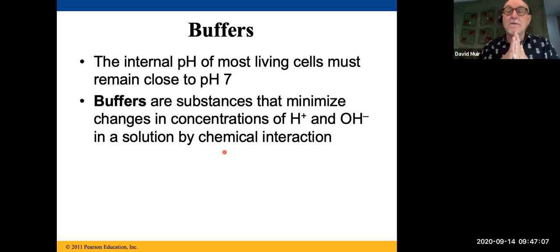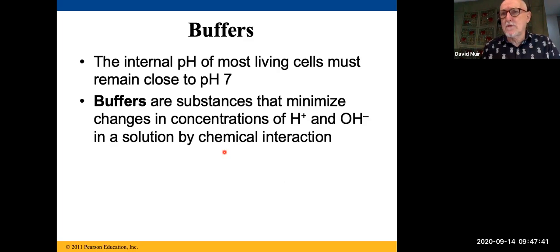And as a result, biological systems very often depend upon a chemical system which prevents these radical changes in pH. Should something happen where suddenly a whole lot of hydrogen ions are added to cytoplasm or whatever, there are chemical systems which soak up those positive protons and prevent the solution pH from dropping.